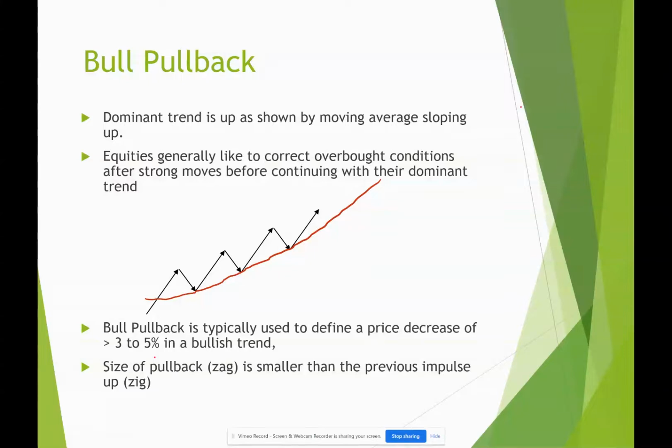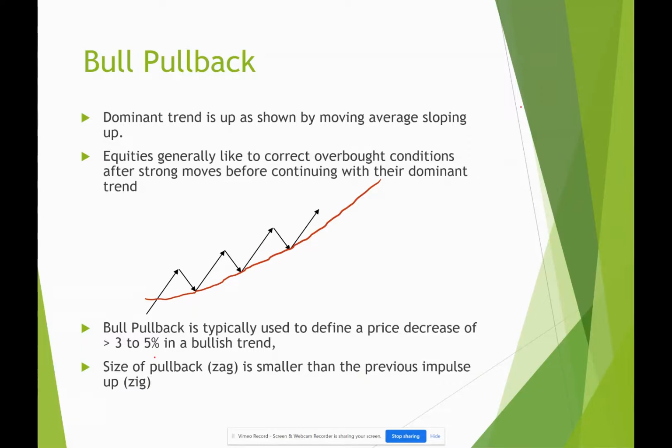Bull pullbacks are typically used to define a price decrease of 3 to 5% within a bullish trend. You've heard me in several of my classes talking about zigzags, and really the size of the pullback is going to be a certain portion of the impulse up.